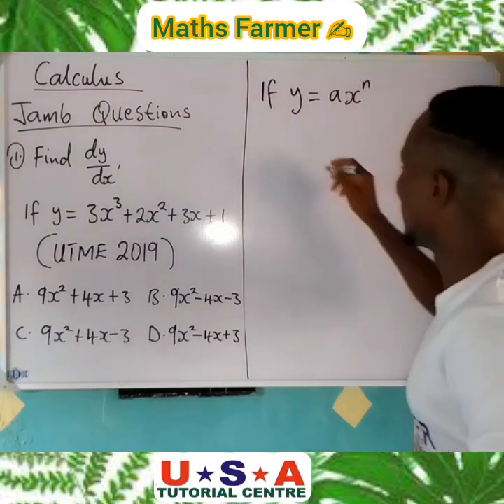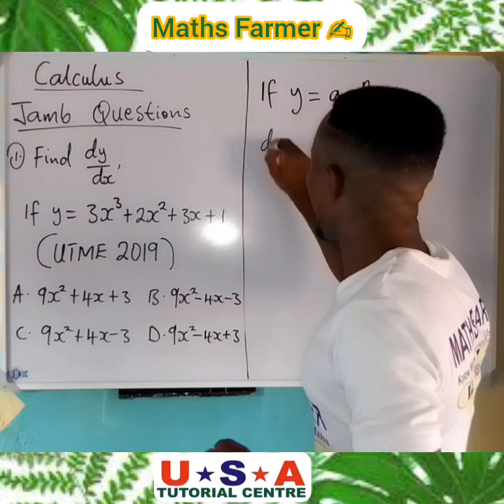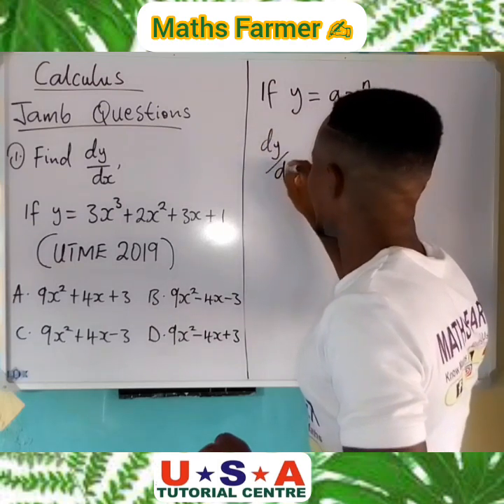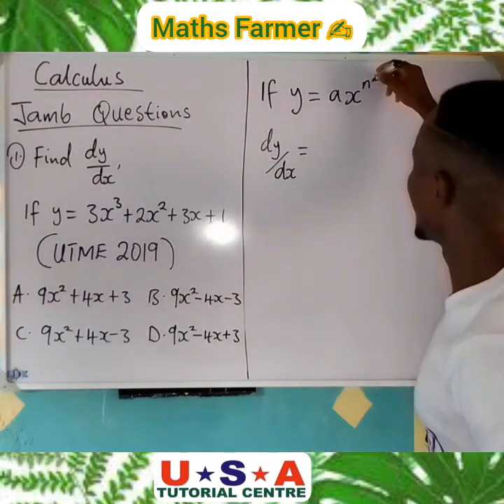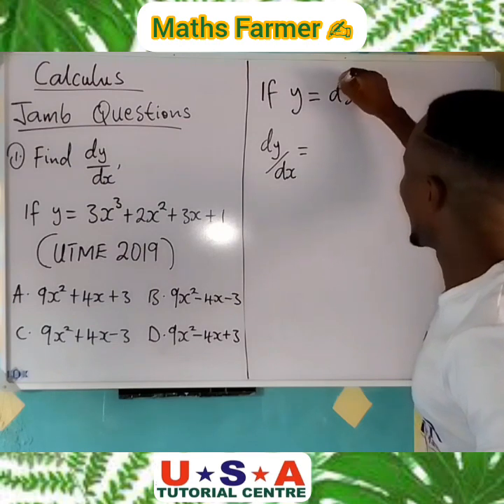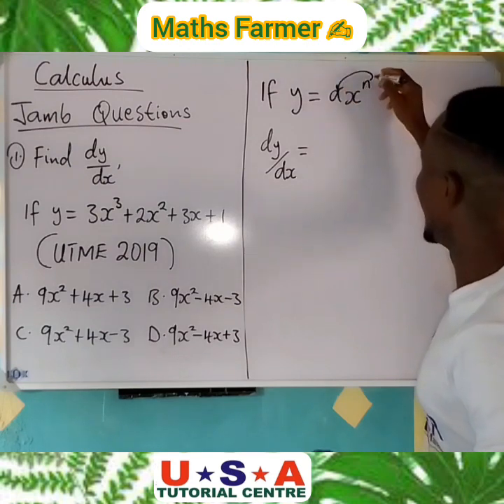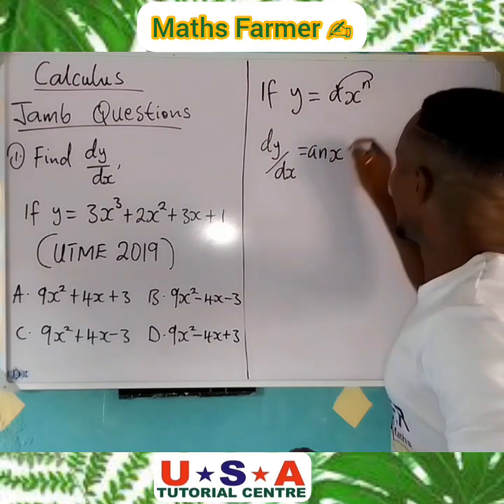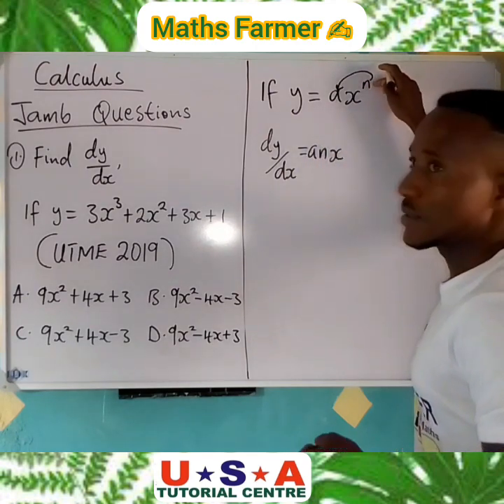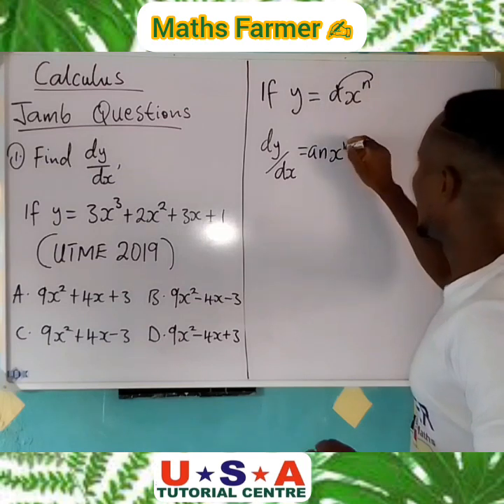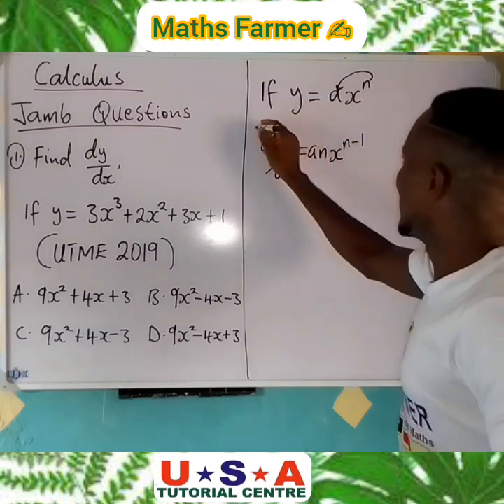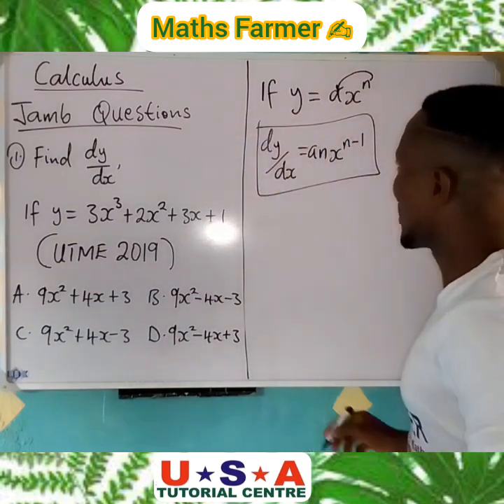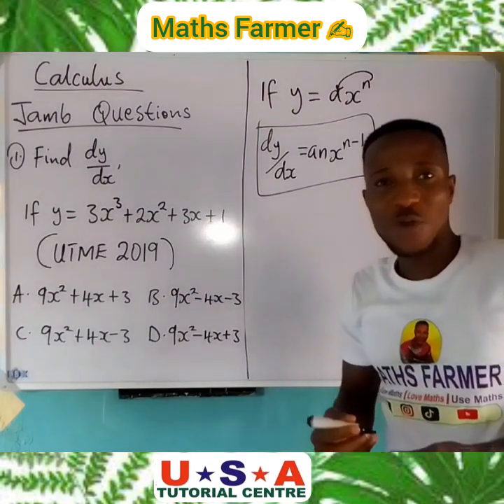Integers, numbers. Now, the general formula said dy/dx, differentiating y with respect to x, is going to be: use the power here to multiply the coefficient of x. Use the power to multiply, we are going to have an, then decrease or remove 1. Subtract 1 from the power. Minus 1. This is the general formula for differentiating an algebraic function.